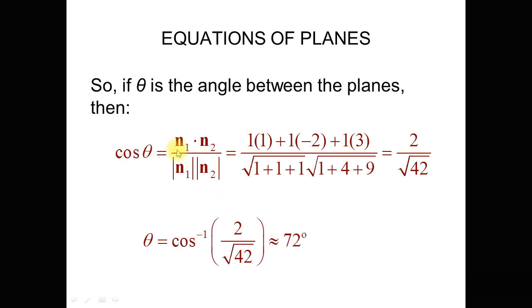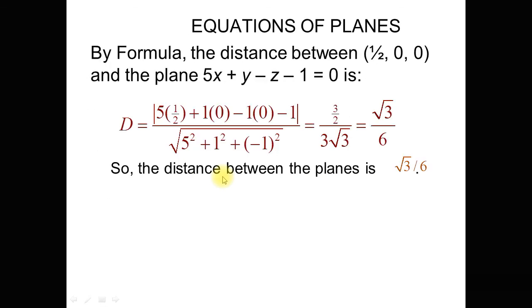We need to find the angles between two planes. So n1 and n2 are the normal vectors of the planes, and this is the distance formula, d is equal to the absolute value of ax1 plus by1 plus cz1 plus d, divided by the square root of a square plus b square plus c square.